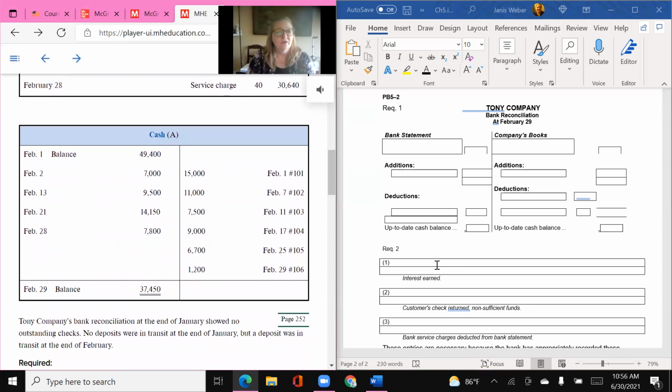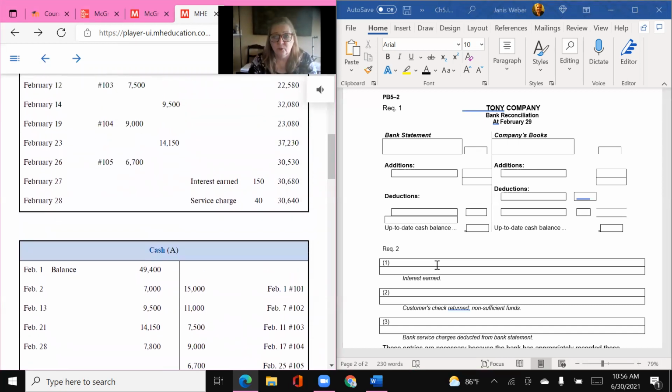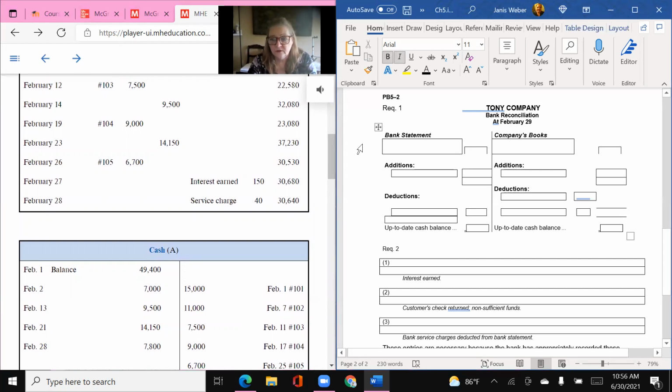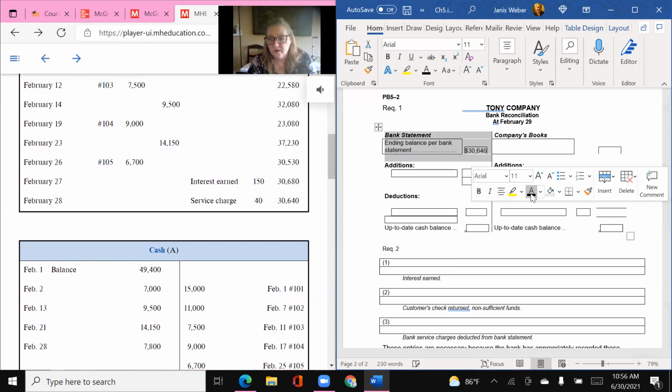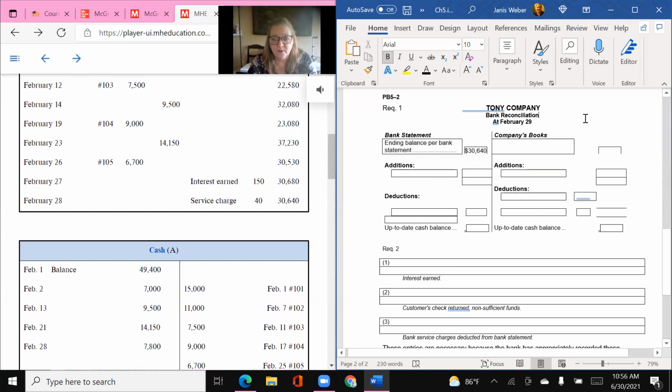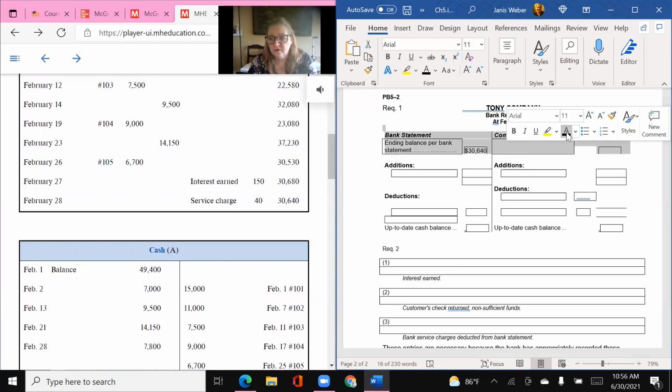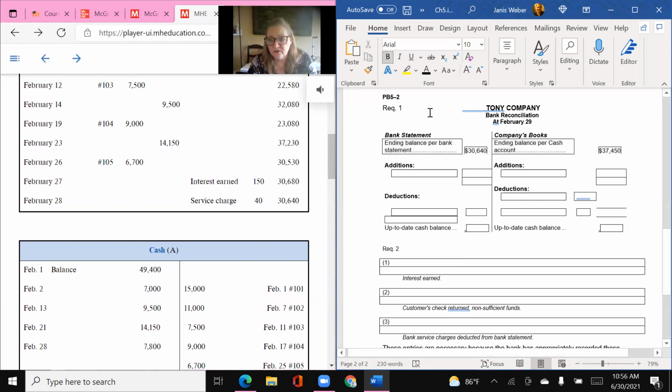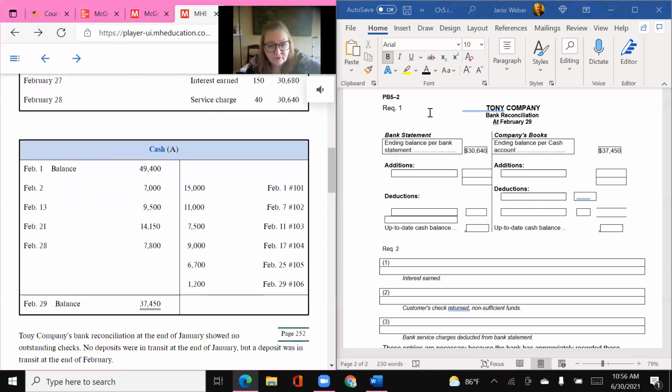The T account is just showing the balance at the beginning of the month plus all deposits as debits. And then the credits is showing all the checks that were written, not all cleared. So it shows us an ending balance for the bank of $30,640. That's where we'll start. Let me see if I can get us some black ink on here. Beginning balance for the bank was this $30,640. The beginning balance for the book was the ending balance of the T account, which was $37,450.